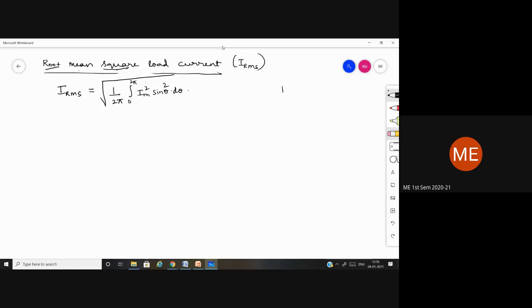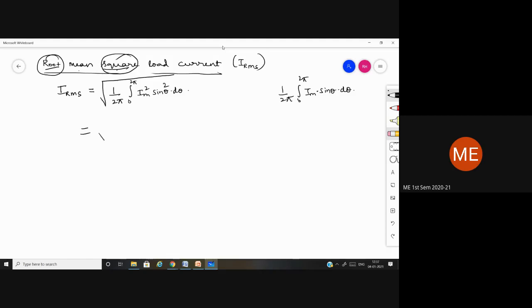What we had written there, 0 to 2 pi Im sin theta d theta, here it is squared. Root mean square, that is the additional thing we are having.